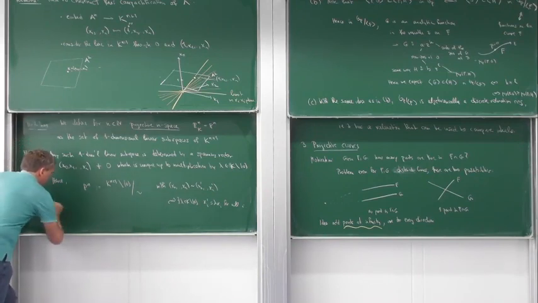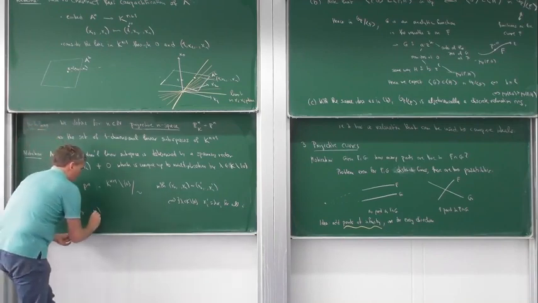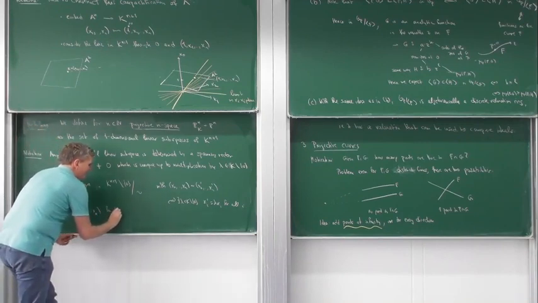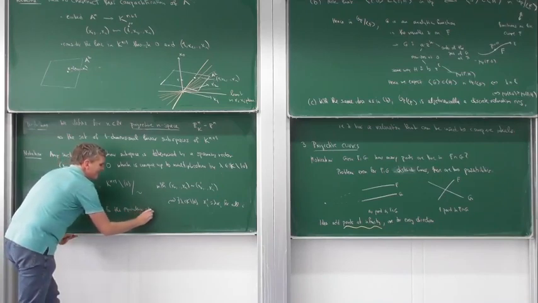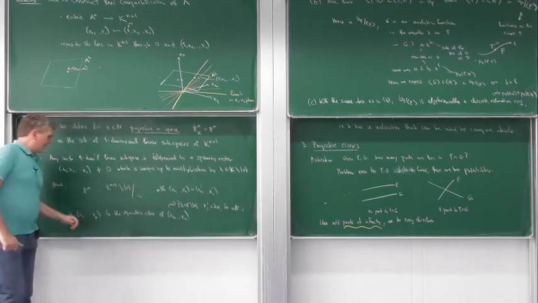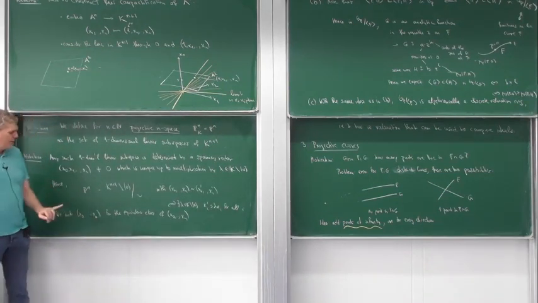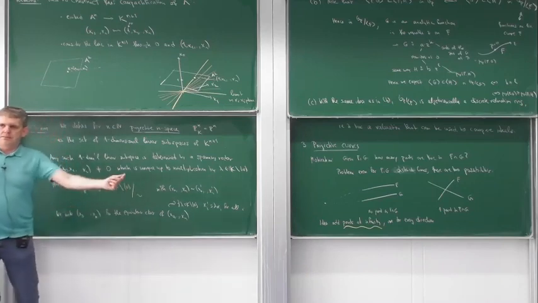So we write x0 colon up to xn for the equivalence class of x0 comma up to xn. Whenever you write this colon notation, that means not all numbers are 0, and they are defined only up to a common scalar.